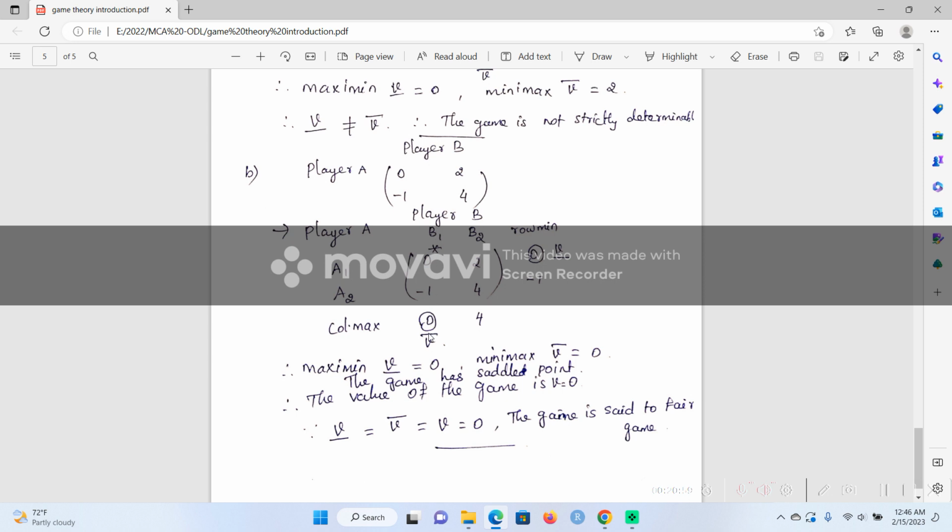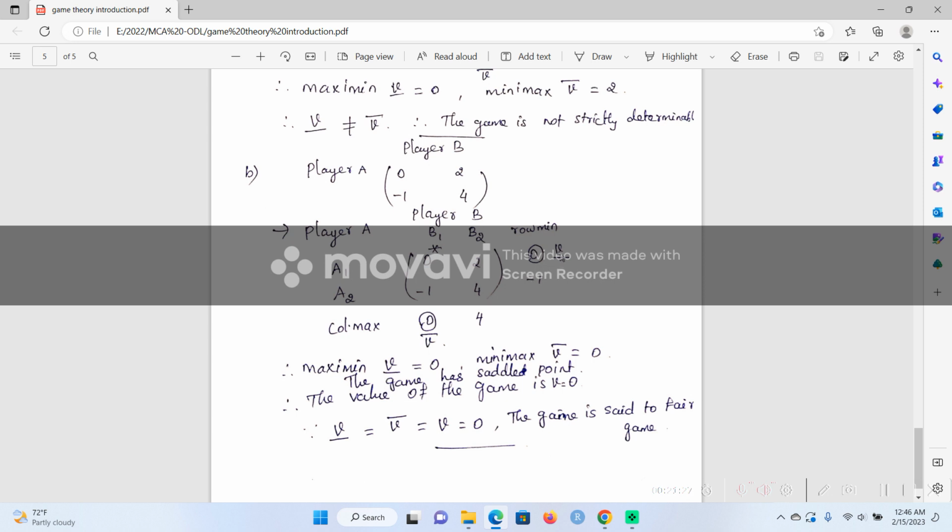And for columns we want the maximum, so 0 and -1, the maximum will be 0. 2 and 4, the maximum will be 4. So among the minimums we want the maximum, which will be 0 here, and among the maximums we want the minimum, which is 0 here.